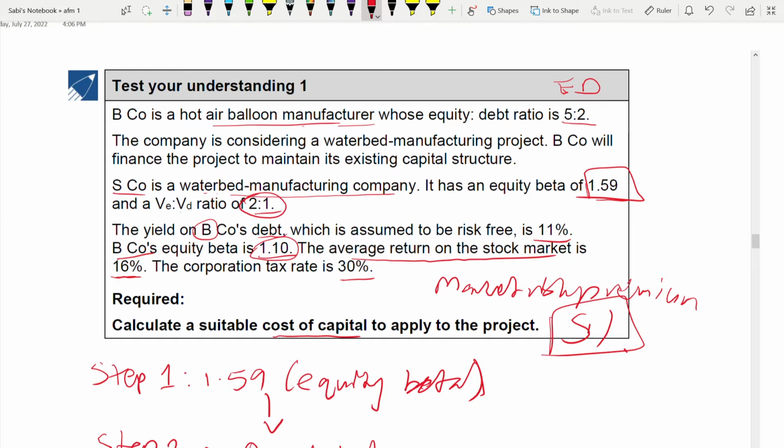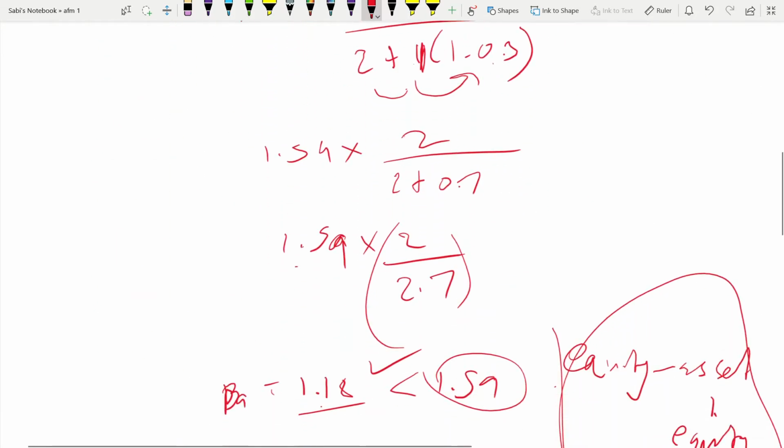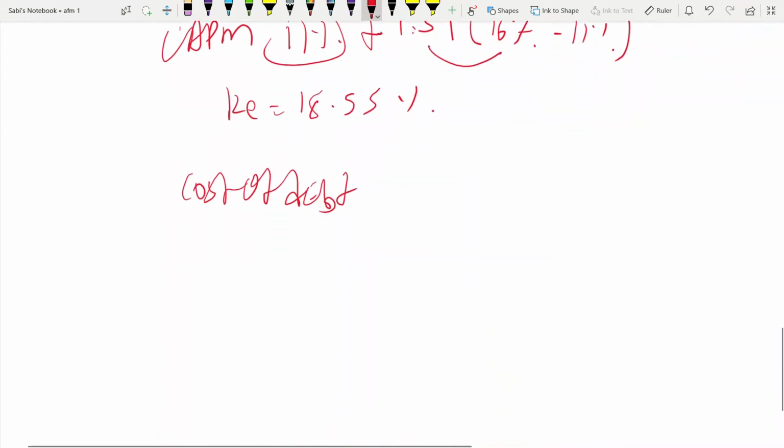You cannot minus it also. Look at this one, 5 minus 11 will be negative. You should never minus it. If it's market return, then you need to deduct the risk-free rate, 16 minus 11. Return minus the risk-free rate, because they can give it either way.